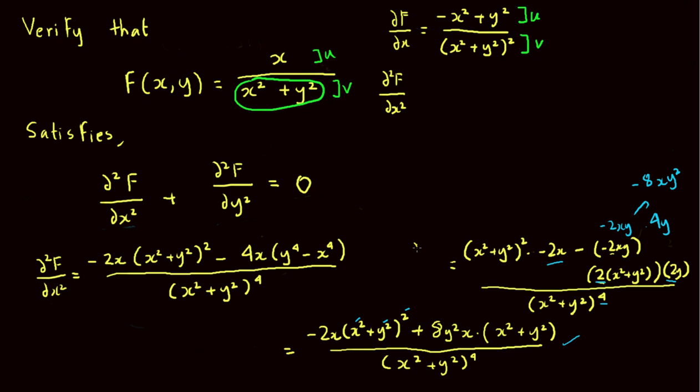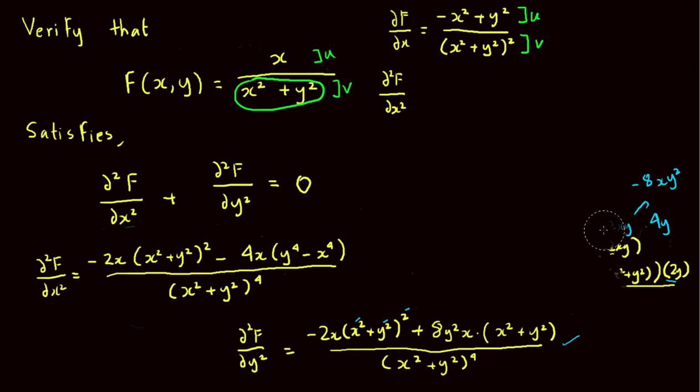By the way, this is del squared f del y squared, so I'm gonna write it here actually. I'm sorry for all the messiness here because when something is wrong, I have to erase all of this and try to address the problem. So this might take a little bit of time. All right, apologies for that.